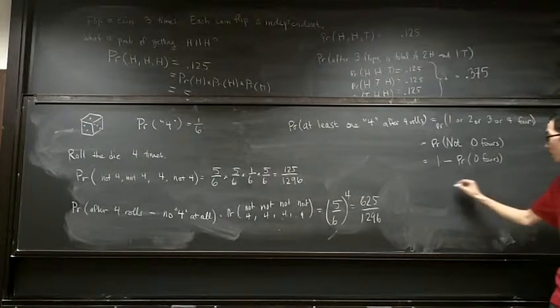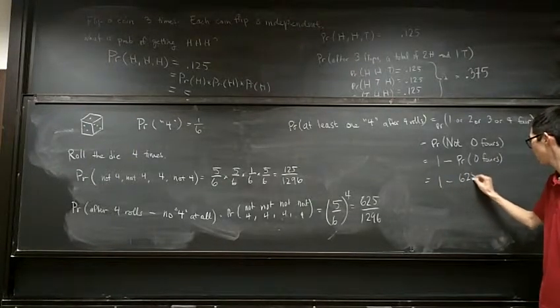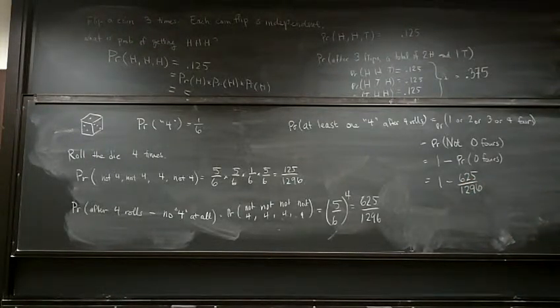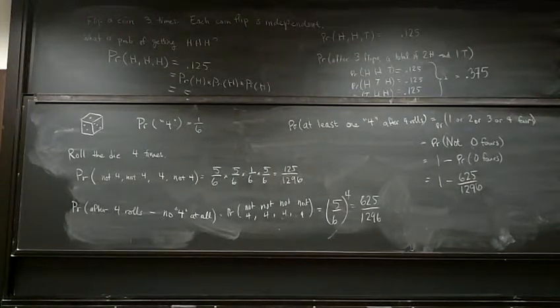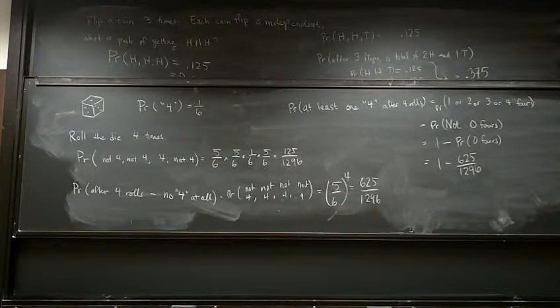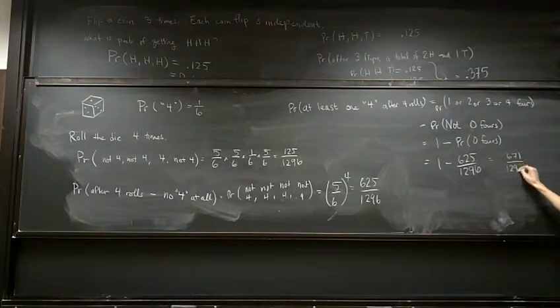And what is this 0 fours? 1 minus 625 out of 1296. Is that okay? So this turns out to be 671 out of 1296, some decimal, doesn't matter.